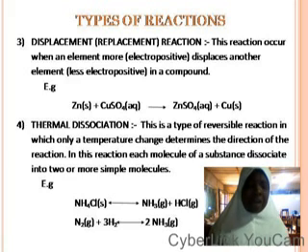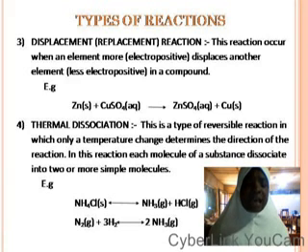Now, another example, let's look at the reaction of magnesium ribbon and dilute HCl. You will see that at the end of the day, it forms magnesium chloride and then hydrogen gas is evolved. Why?